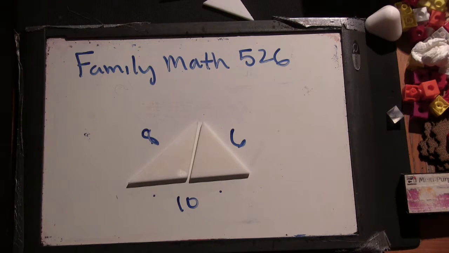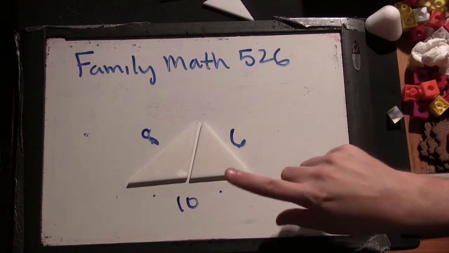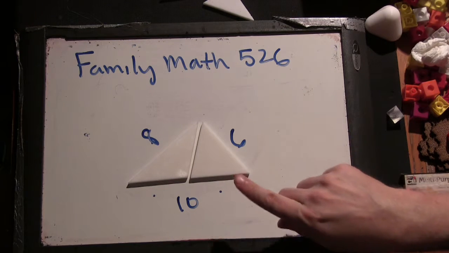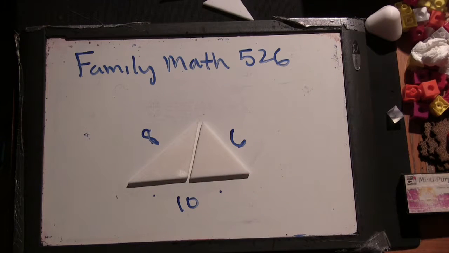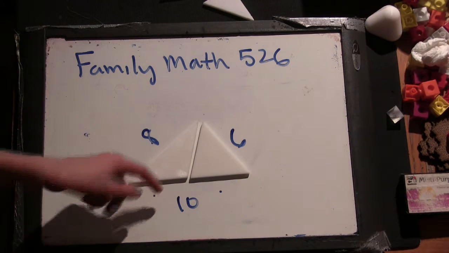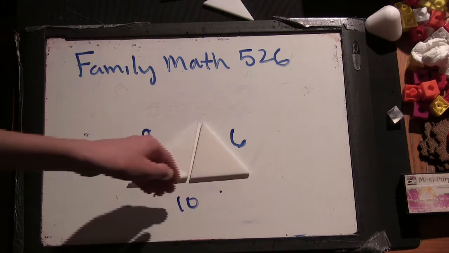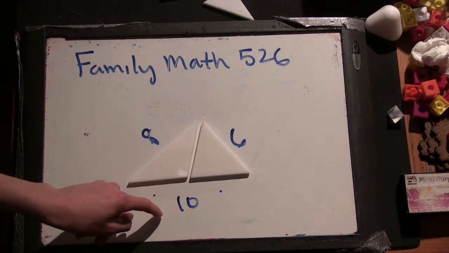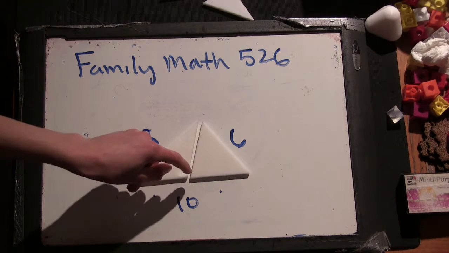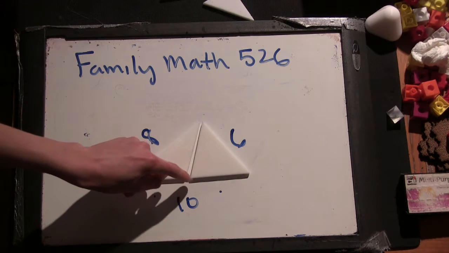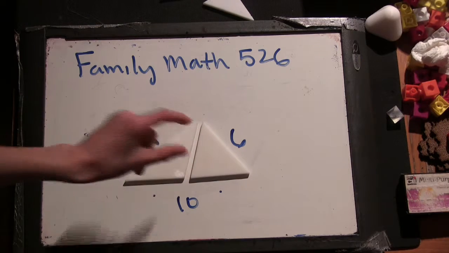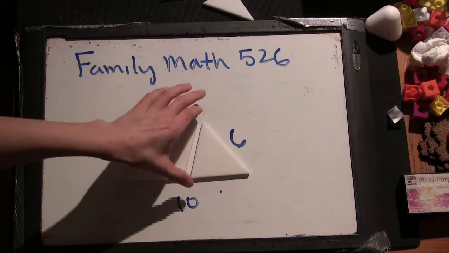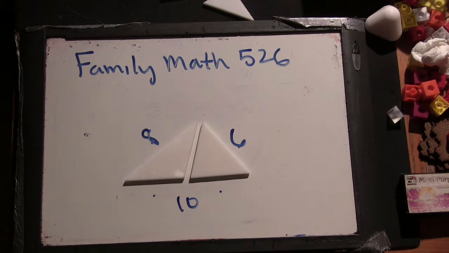Why is that true? Give me the reason that shows that these two triangles have the same area. Well, you're cutting it into equal parts because you have the same side length here, and you're just cutting a line that goes up to the top point, and that cuts it into equal areas.